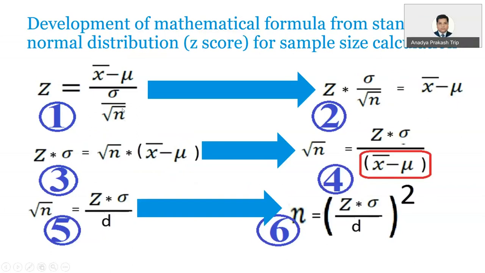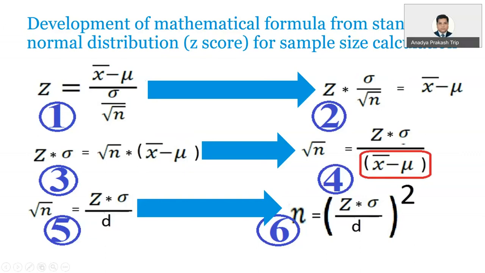The principal rule is, if you take the denominator to the other side, it will become a multiplier. If you take minus to the other side, it will become plus. If you take plus to the other side, it will become minus. The whole funda is that the sign will change.